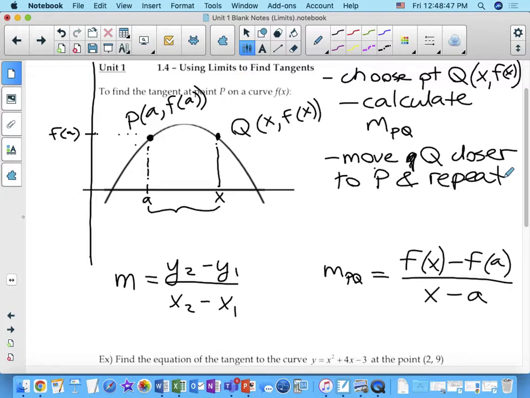So what we're doing is moving this point closer, or another way of looking at it is we're moving x closer to a.